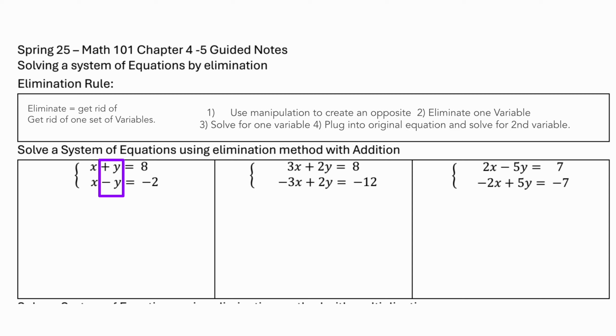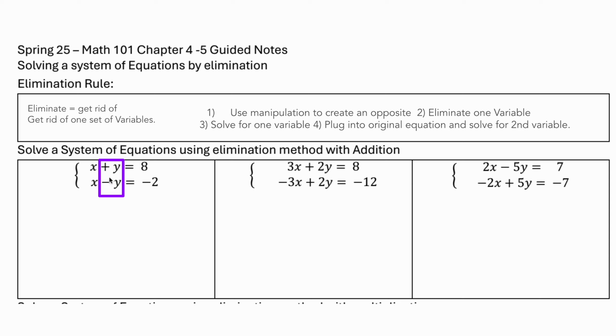When we have a set of opposites, we can then eliminate that variable, because plus y and negative y equal 0, so it's going to eliminate to become 0. Anything left, we add downward. So x plus x equals 2x, and 8 minus 2 equals 6.